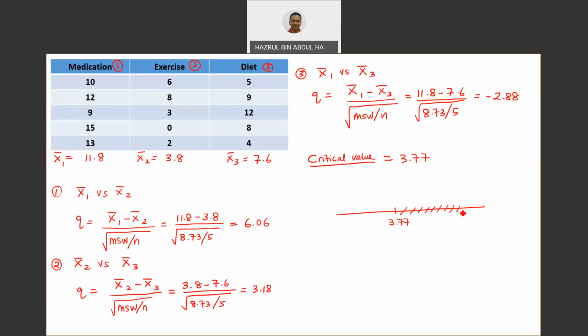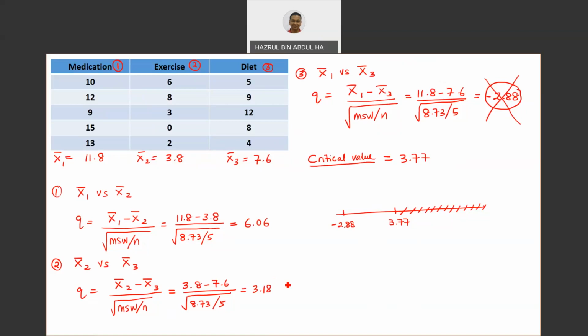Then if the test statistic is greater than 3.77, it means there is a significant difference of mean between groups. For the third comparison, negative 2.88 is somewhere here, which is not in the critical region, meaning there is no significant difference of mean between the first group and the third group.